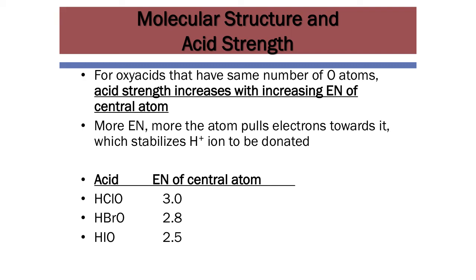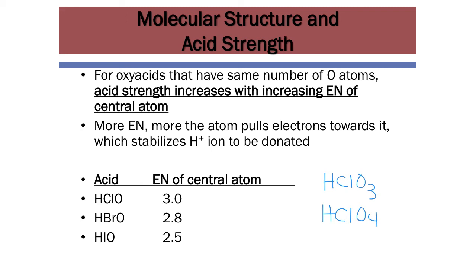If we think about our list of 7 strong acids, we have HCl, HBr, HI, H2SO4, HNO3, and then we also have HClO3, chlorate, and perchloric acid.